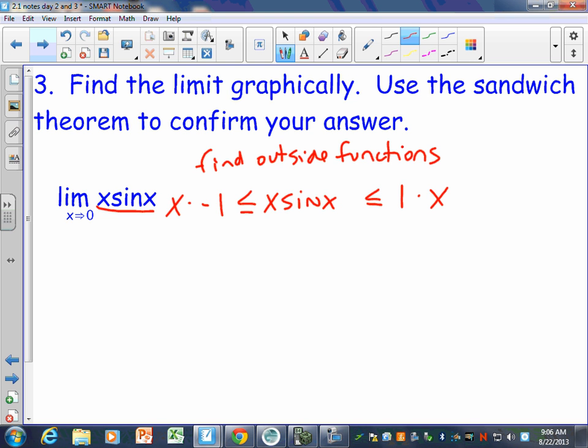Follow me on that? So that would make this negative x is less than or equal to x sine of x, which is less than or equal to x. So you have to take the trig function that you know is bounded between -1 and 1, and then do whatever you need to do to make it equal the actual function. Sometimes you might have to divide by x. And again, I picked the easy one. I should have picked a fraction here, but that's okay.